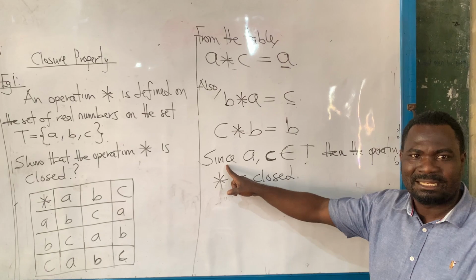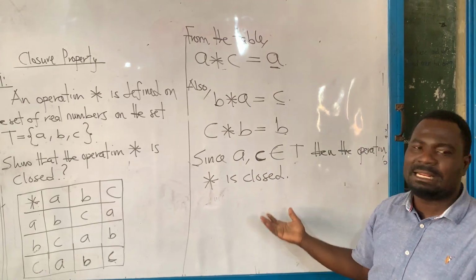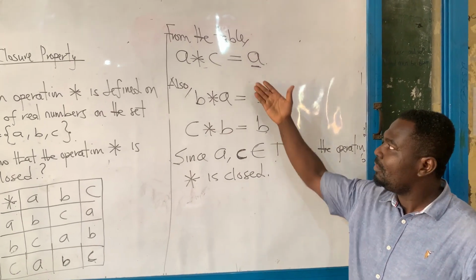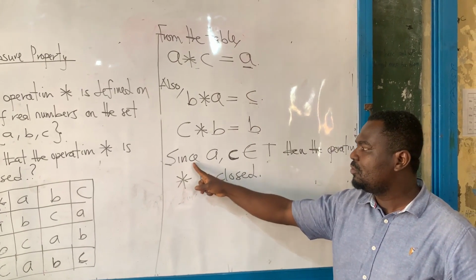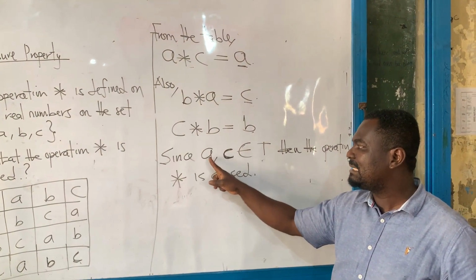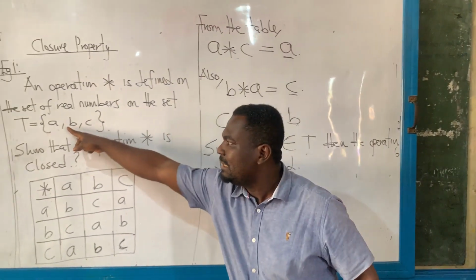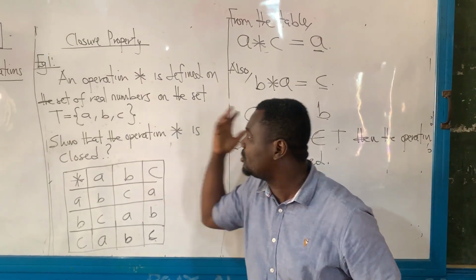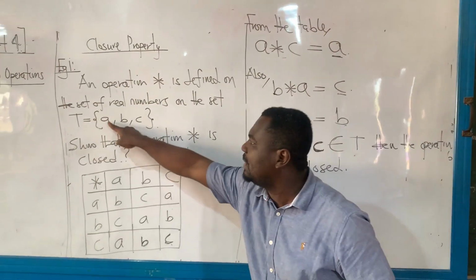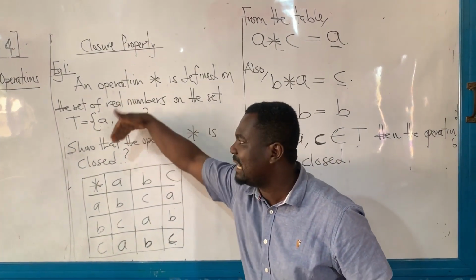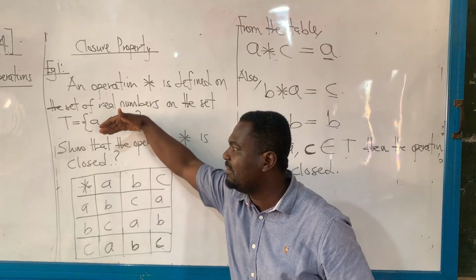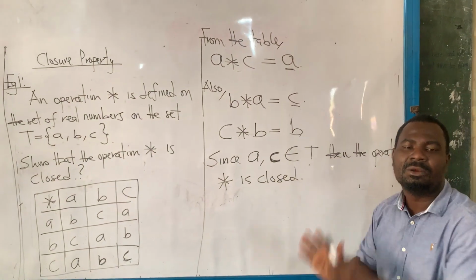Give us the reason, then you will be awarded the marks. You give us the evidence, you draw the conclusion that since answers A, C, B belong to the set you are dealing with, the answers I'm getting are also members of the set I was given, then we can say that it is closed.